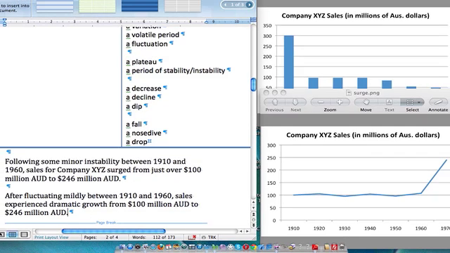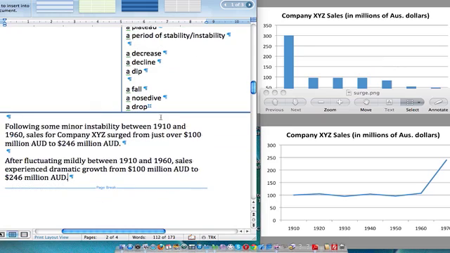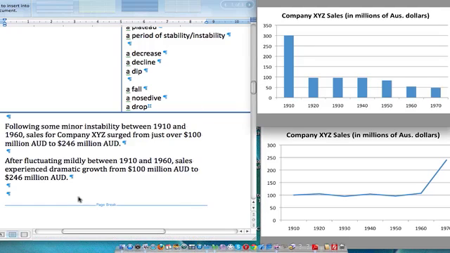Okay, now let's try describing the other graph here, the one that shows negative movement in the sales numbers of company XYZ. So let me get this one showing up here.